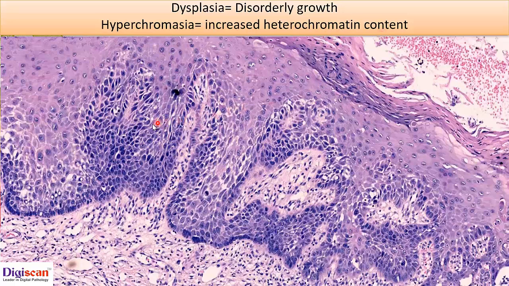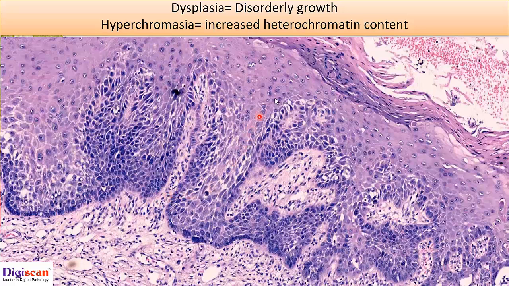The nuclei appear darker in color as compared to the nuclei in normal areas, which appear vesicular. What are vesicular nuclei? The vesicular nuclei are the ones where the nuclear membrane is thick and the center of the nucleus is lighter. We can see or not see a nucleolus. So vesicular nuclei have a paler center, while the hyperchromatic cells have the dark center as well as the periphery. So they look more blue in color as compared to the normal cells.